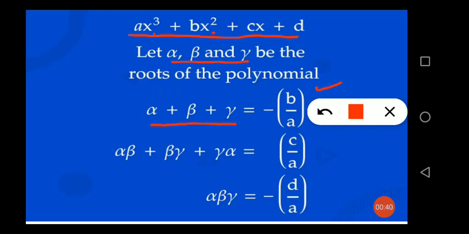Then sum of the products of two roots taken together is equal to c by a, that is coefficient of x by coefficient of x cube. And the product of roots alpha, beta, gamma is equal to minus constant term of polynomial by coefficient of x cube.